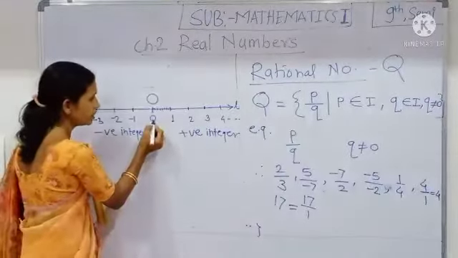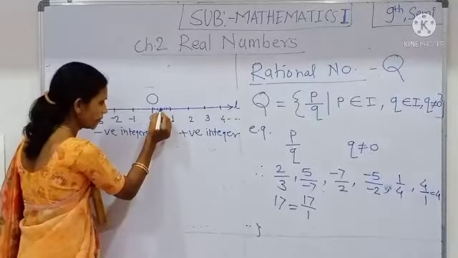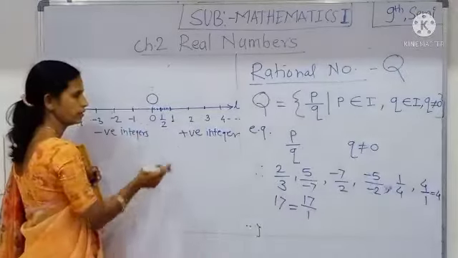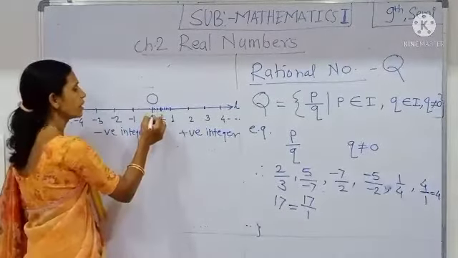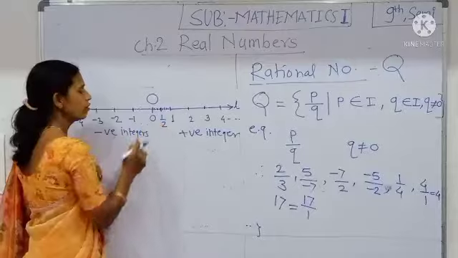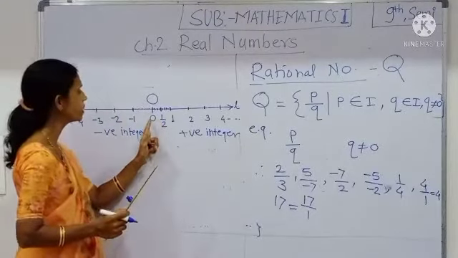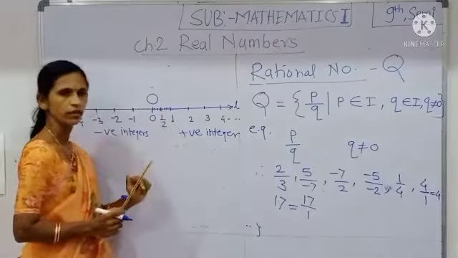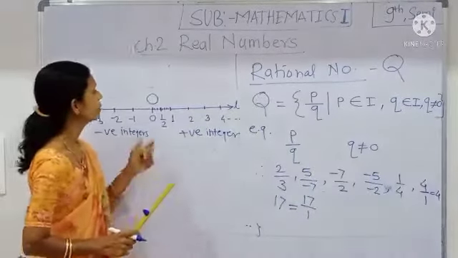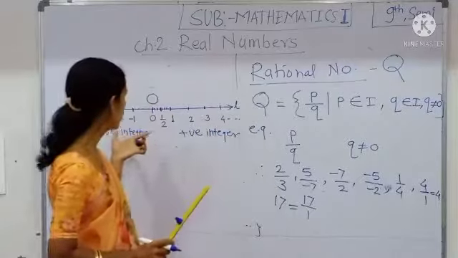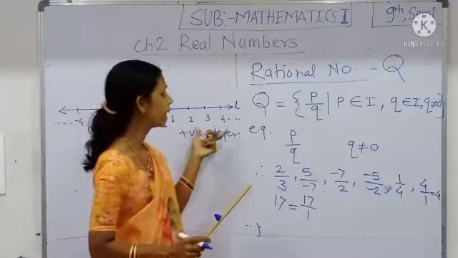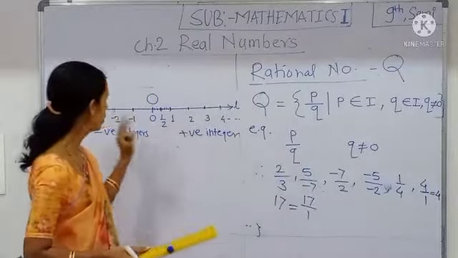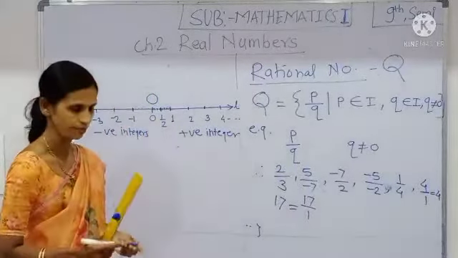For example, between 0 to 1, exactly at the middle, the number 1/2 is there. Similarly, we can write many rational numbers which lie between 0 to 1/2 as well as 1/2 to 1. Then on that number line we can represent any rational number.